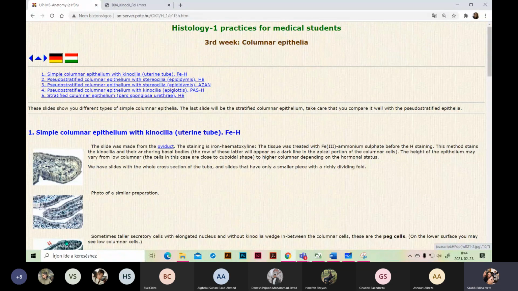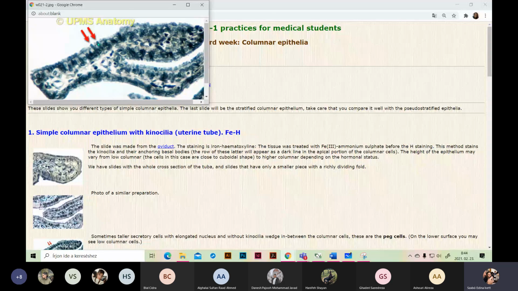Here, you see the peg cells here, and for example here. Peg cells, as you can see, are higher than the epithelial cells, and so darker, higher cells which don't have any kinocilia.